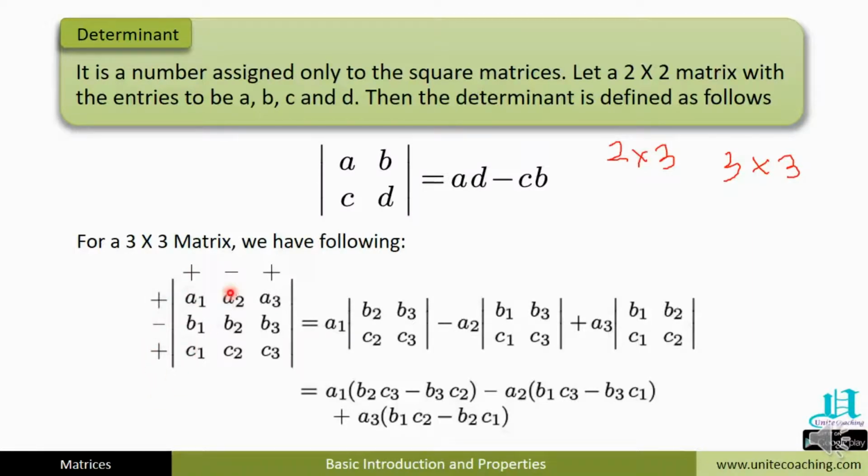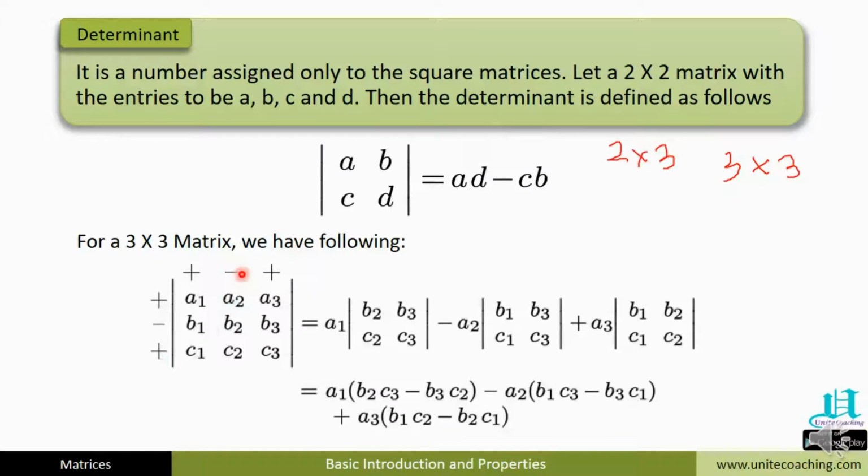In this next row it starts with the negative sign, so negative, positive, negative. This is how we assign these signs. Remember, these are hypothetical, imaginary signs. We don't need to actually write them; we just need to remember them in our mind.